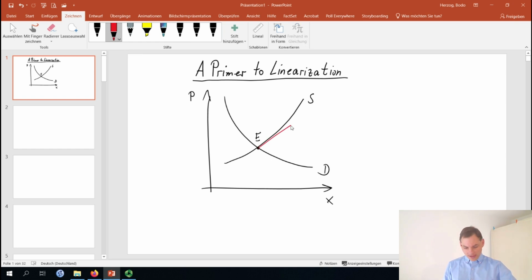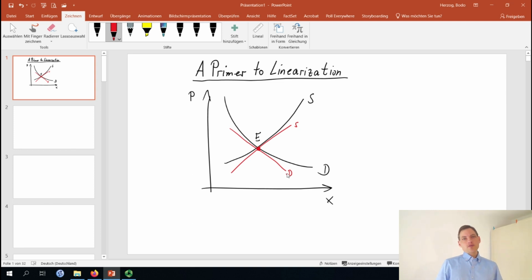We say, okay, let's find a linear curve tangent to the supply curve at the equilibrium point, and a linear curve tangent to the demand curve, and then we have a supply and demand curve which are linearized around the equilibrium point. And finding the intersection of two lines, well, that's easy to do, right? You just equate the two lines and you find the x for the quantity and the p for the price.